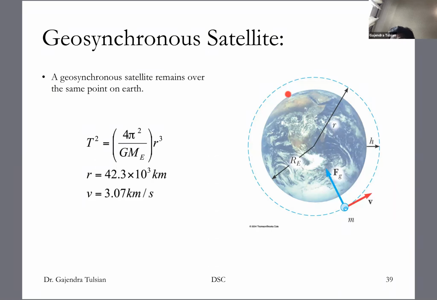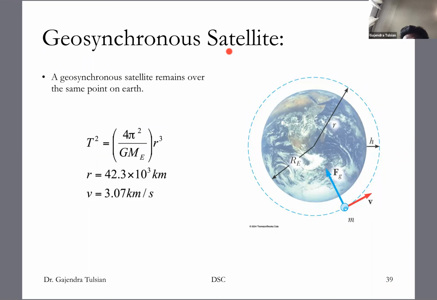Now the Earth rotates once in 24 hours. So if you could find an orbit such that the satellite takes 24 hours to go around, spinning in the same direction as the Earth, and you're doing this at the equator, you'll find you'll be about the same spot on the Earth, and that is called a geosynchronous satellite.